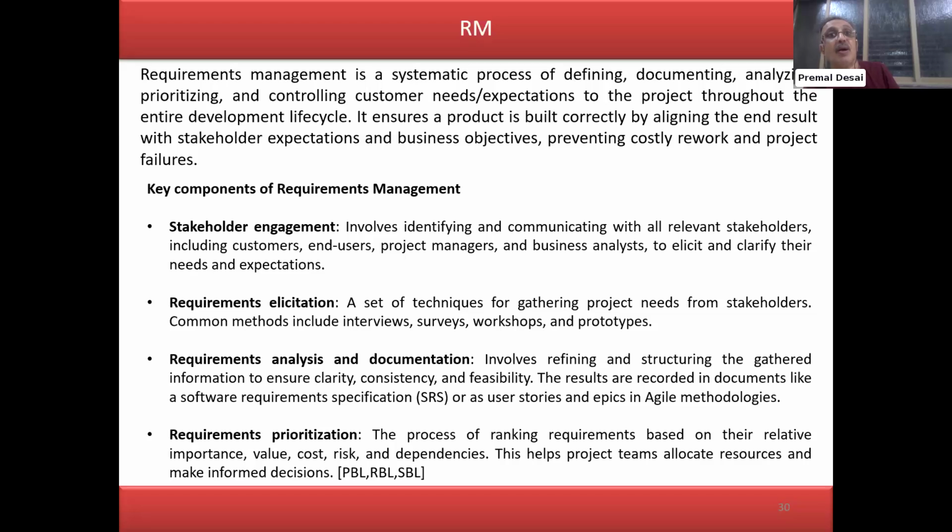But it needs to be documented, it needs to be elicited, it needs to be gathered, understand the impact of it, and prioritize the requirements in terms of what we call product backlog, release backlog, sprint backlog. You can see three important abbreviations here: PBL, RBL, and SBL. Okay, product backlog, release backlog, and sprint backlog. So you need to prioritize the requirements.